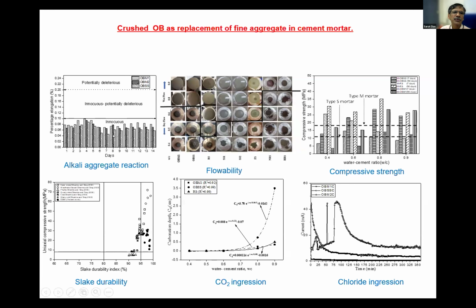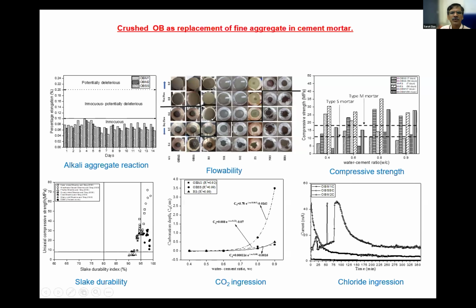The first criterion to be used as a construction material is that it should be innocuous rather than deleterious, otherwise there will be alkali aggregate reaction. To check it, we need to go for this testing. And you will see all three varieties of coal mine overburden, collected from three different layers of the same mine, are innocuous, so there is potential to use them.